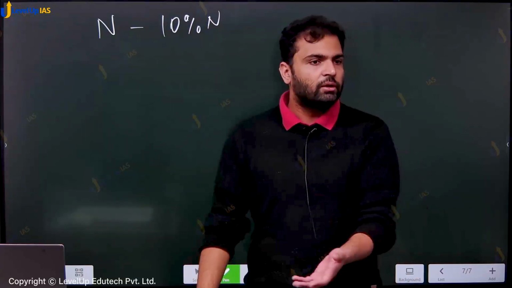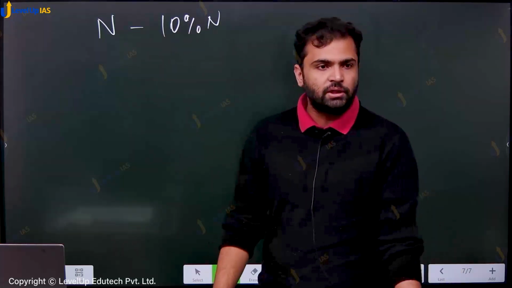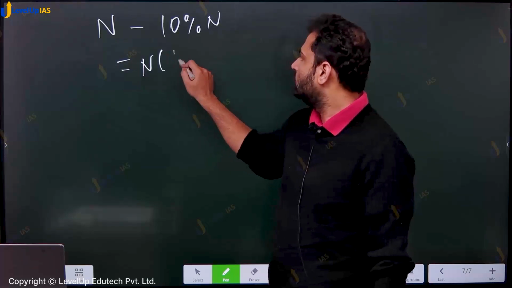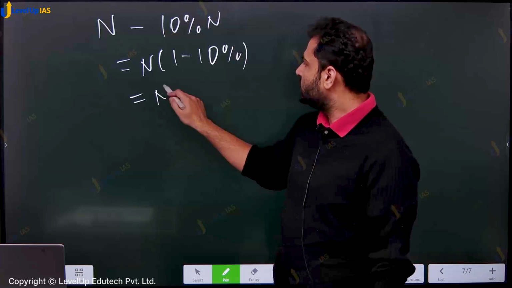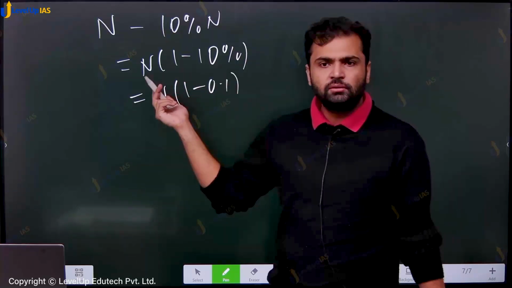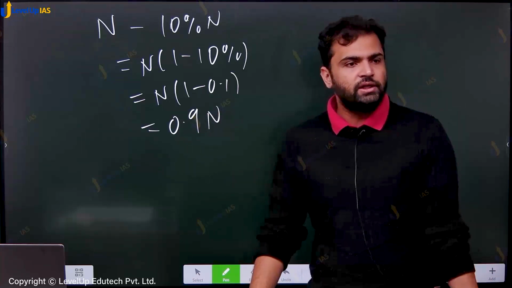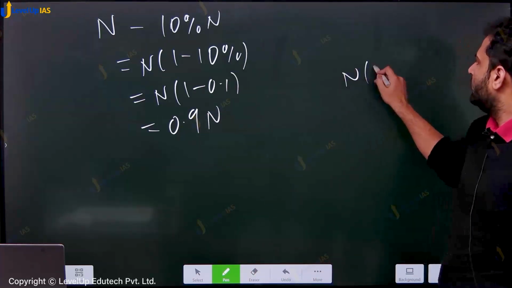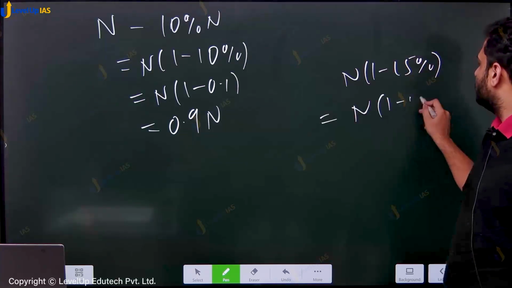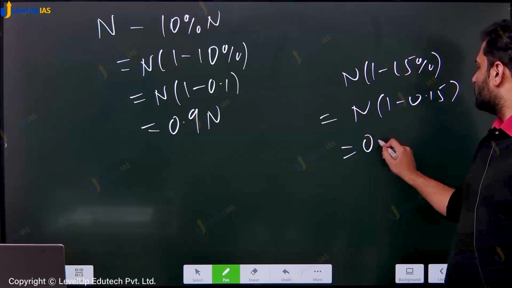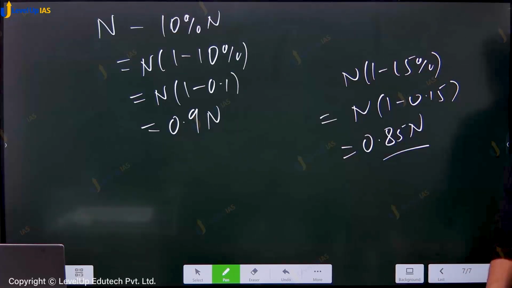Similar story for decreasing: n minus 10% of n. If we decrease a number by 10%, the resulting number is n into 1 minus 10%, and 10% is 0.1, so this is 0.9 times n. If we decrease by 15%, it is n into 1 minus 0.15, which is 0.85 times n, the new number after a 15% decrease.